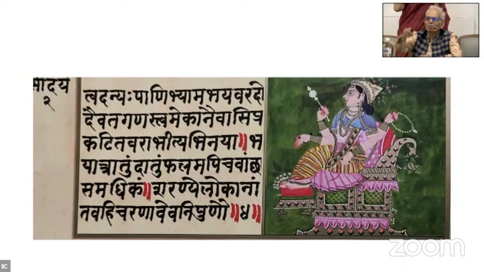But you see, the posture is changed, the expression on the face is changed. So she is providing abhaya to everybody, to all the gods, and she is sitting in a more serene way here.